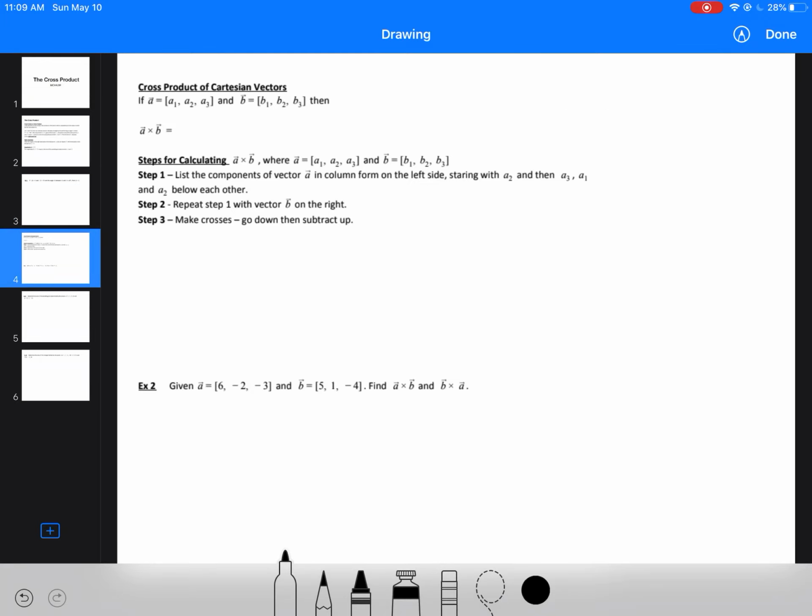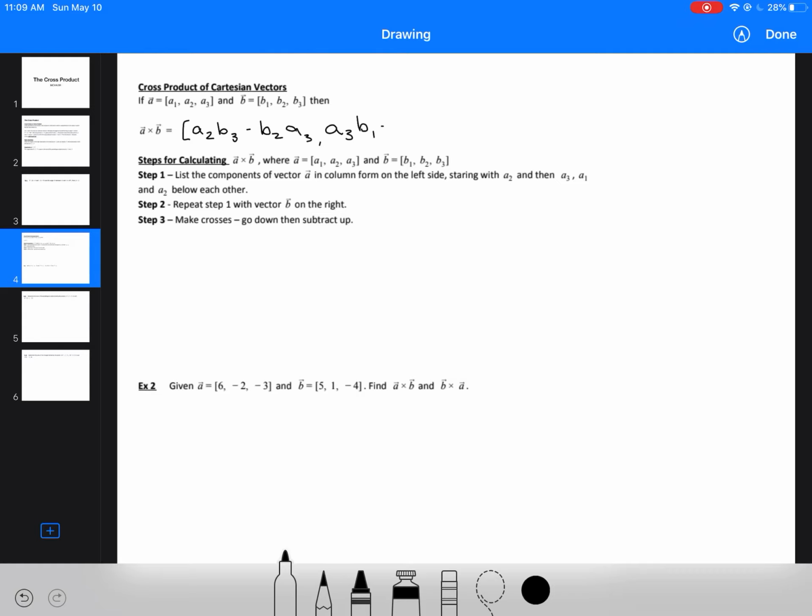So next example, instead of being given the actual size of the vectors, we're going to have Cartesian vectors, denoted by vector A is A1, A2, A3, and then vector B is B1, B2, B3. So the cross product is actually A2 B3 minus B2 A3 as the first coordinate.